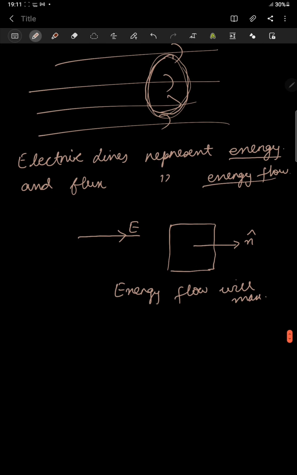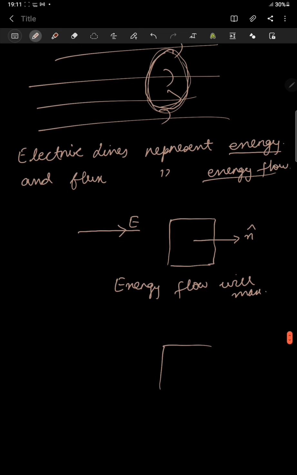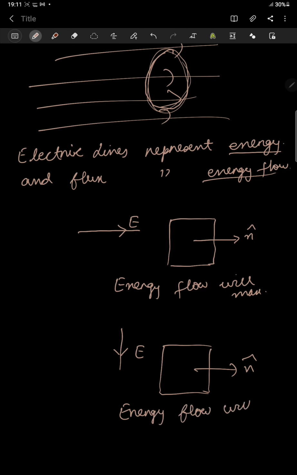Now suppose I have the same area here. The n cap direction is like this and my electric field lines are coming from up. Do you think that any of the electric field lines are entering this area? If no electric field lines are entering this area, then what will be the flux or the energy flow? The energy flow will be minimum.